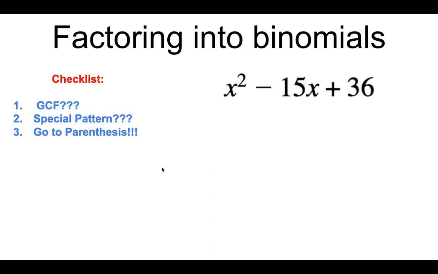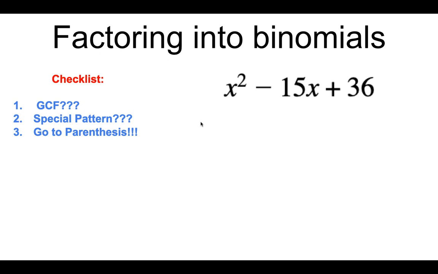Let's try another one. This one, same idea. Go through your checklist as usual. In this case, it's not a GCF. There's not a special pattern. So let's go to parentheses. We're going to be looking for the factors of positive 36 that add up to a negative 15 this time. So you guys have to be a little creative here.